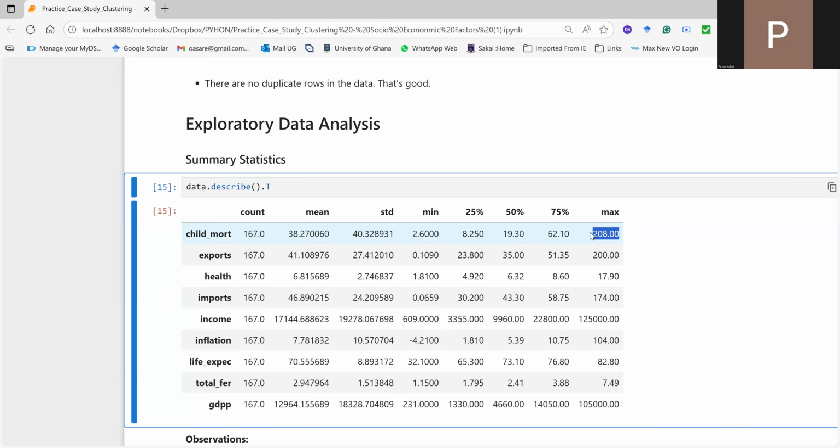There's a gap between the number of children who die, basically. When you are talking to a 7-year-old child, how will you simply explain it? In simple terms, it means the gap between the mortality rates of the countries is wide apart.